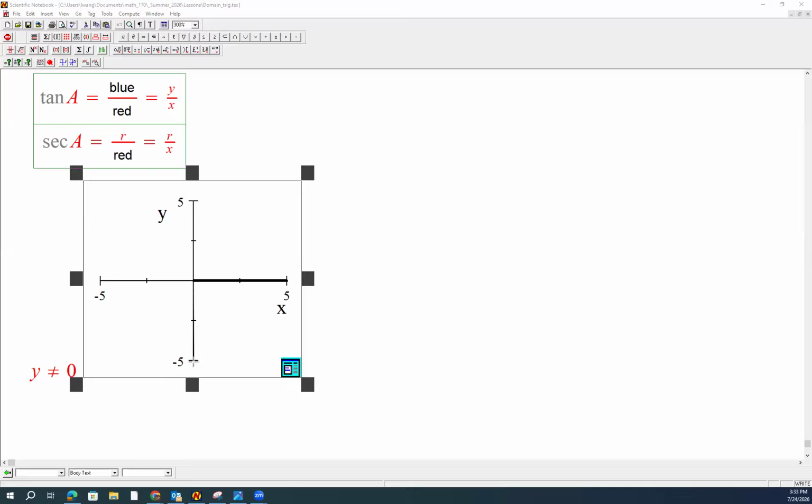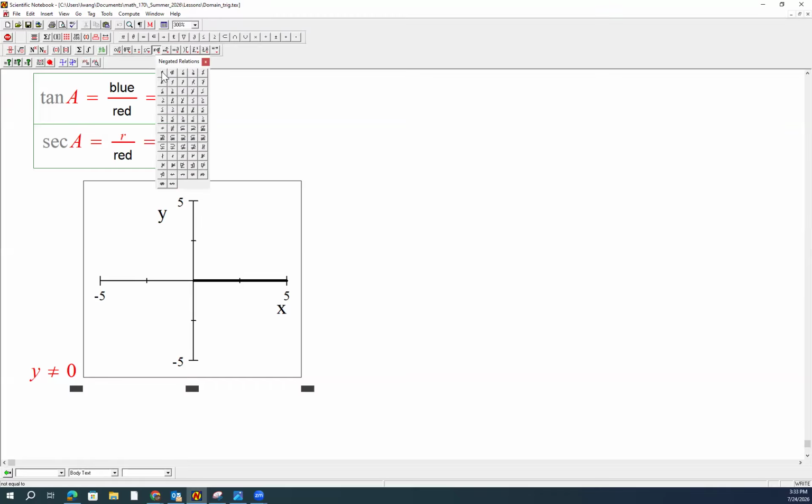input for tangent. So we know how to express that. Those angles that cannot be the input for tangent and secant, those angles would be: A cannot be pi over 2.